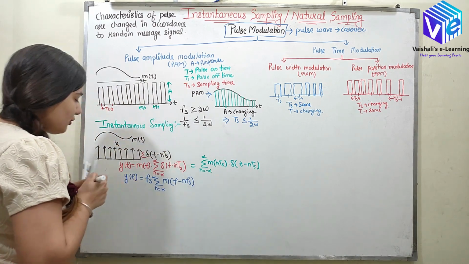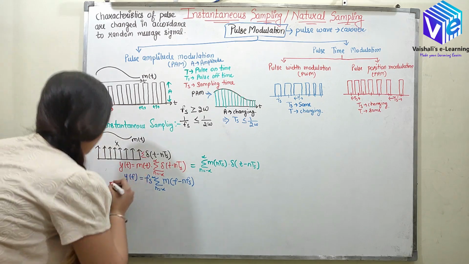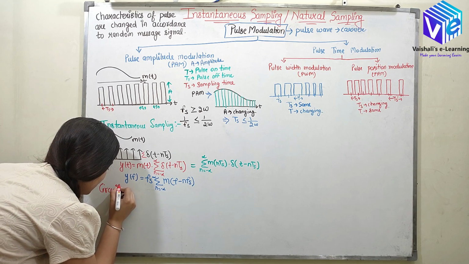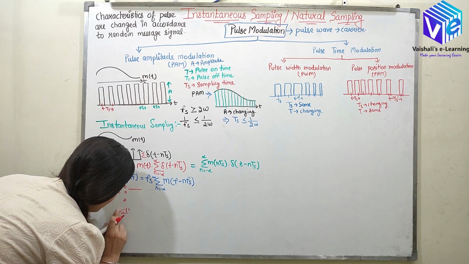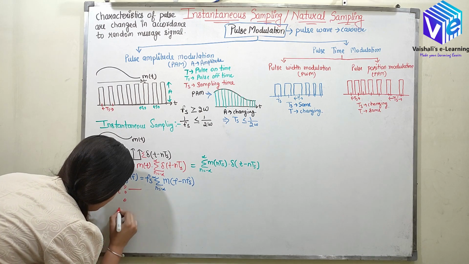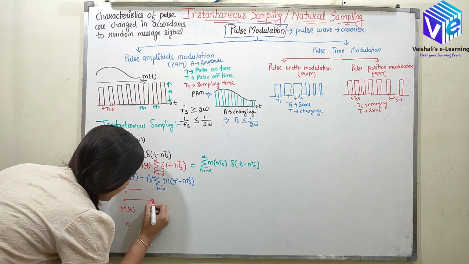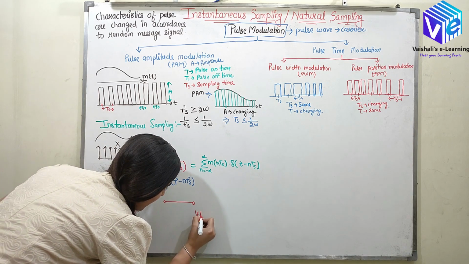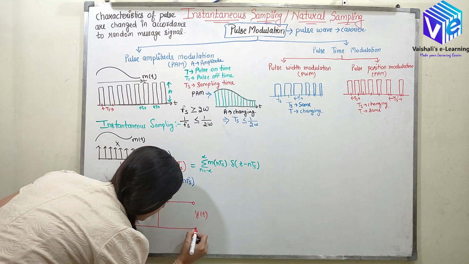So here if I talk about the circuitry to generate the instantaneous sampling, the circuitry looks like this. Here this is my m(t), I am denoting my input with m of t. So this is the input. Here we have a switch and here we have the y of t. Here we have another connection.